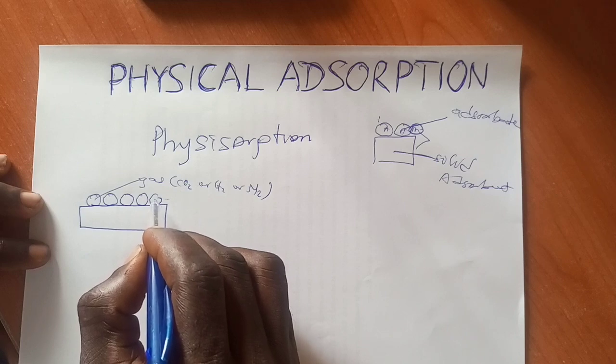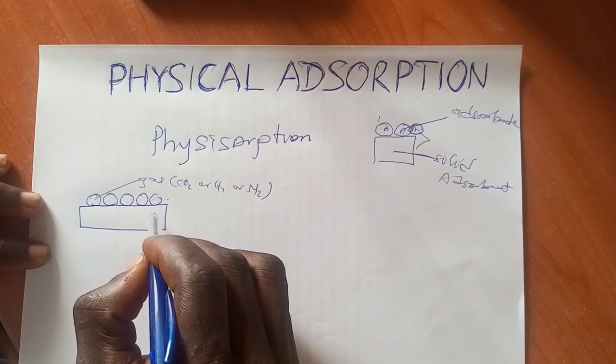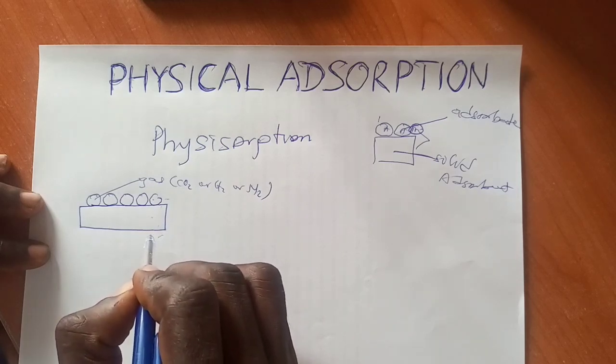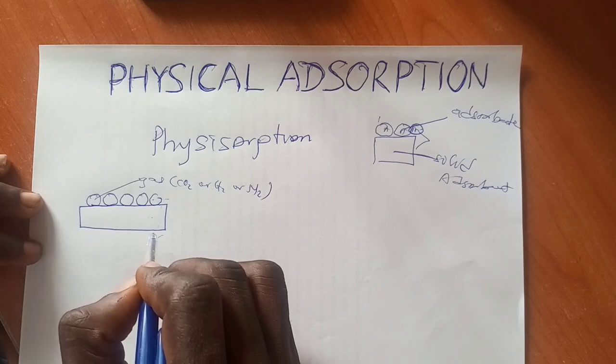It means that in this kind of adsorption, a strong chemical bond is not formed between the adsorbate and the adsorbent. So we call this kind of adsorption physical adsorption, or simply physisorption.